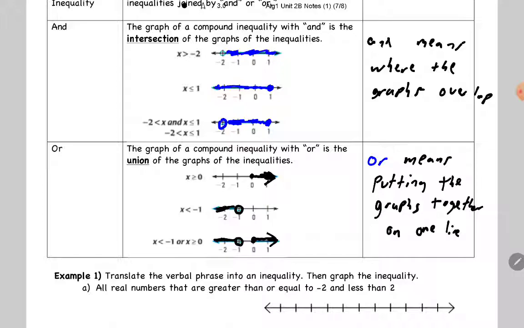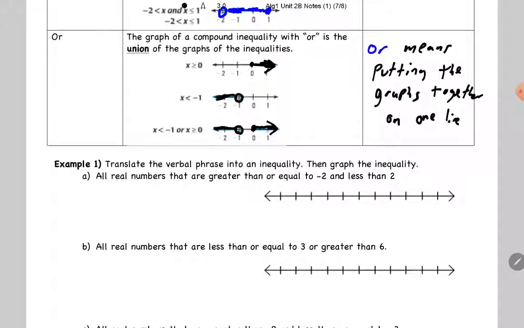So that's that. Let's do some examples. Translate the verbal phrase into an inequality, then graph the inequality.